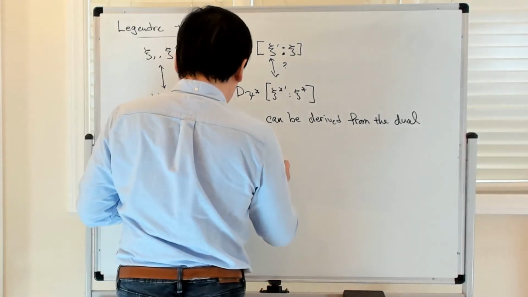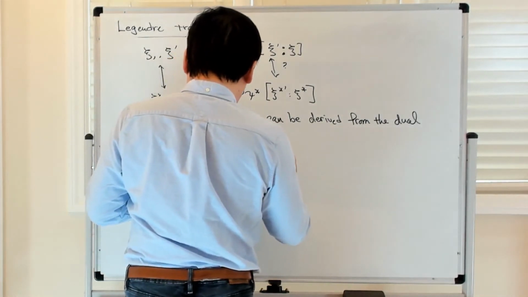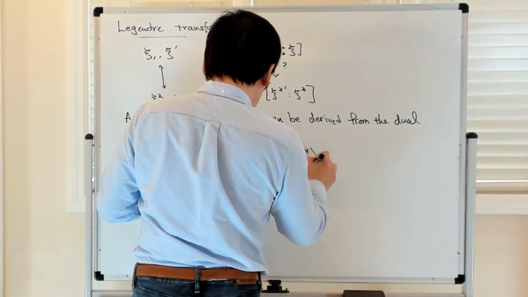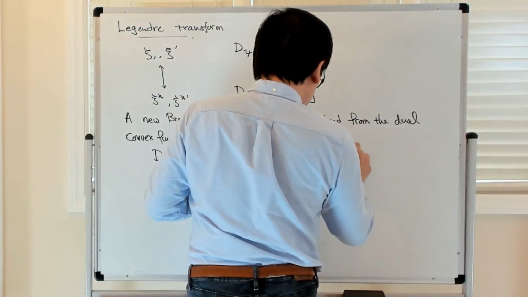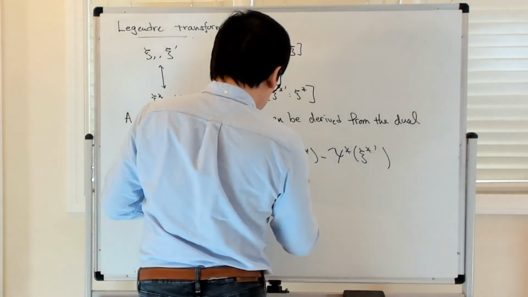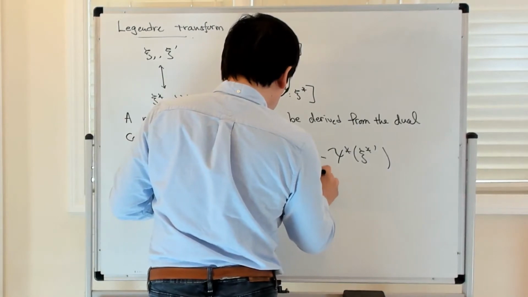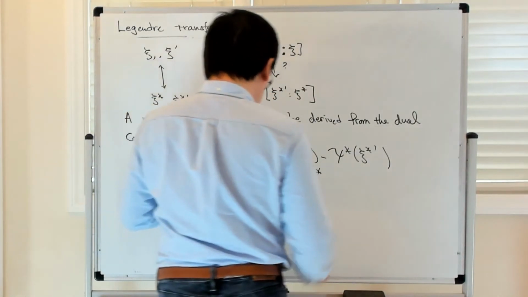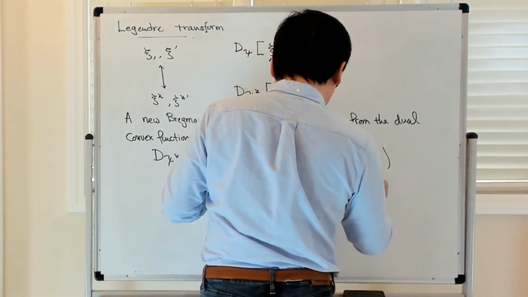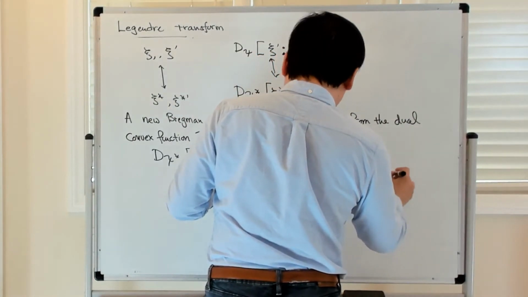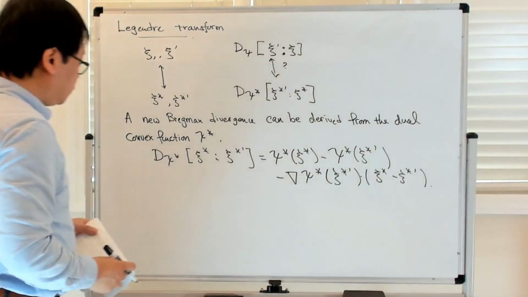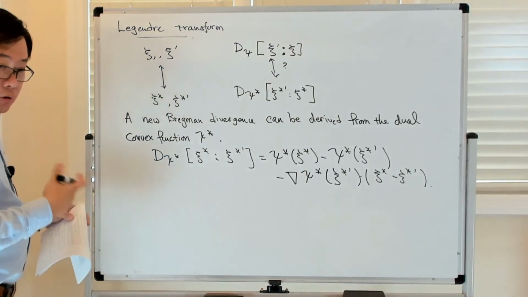Okay, and this is defined to be nothing more than psi star at cos C star minus psi star at cos C star prime minus the gradient of psi star at cos C star prime multiplied into cos C star minus cos C star prime. So this is what we call the dual divergence.